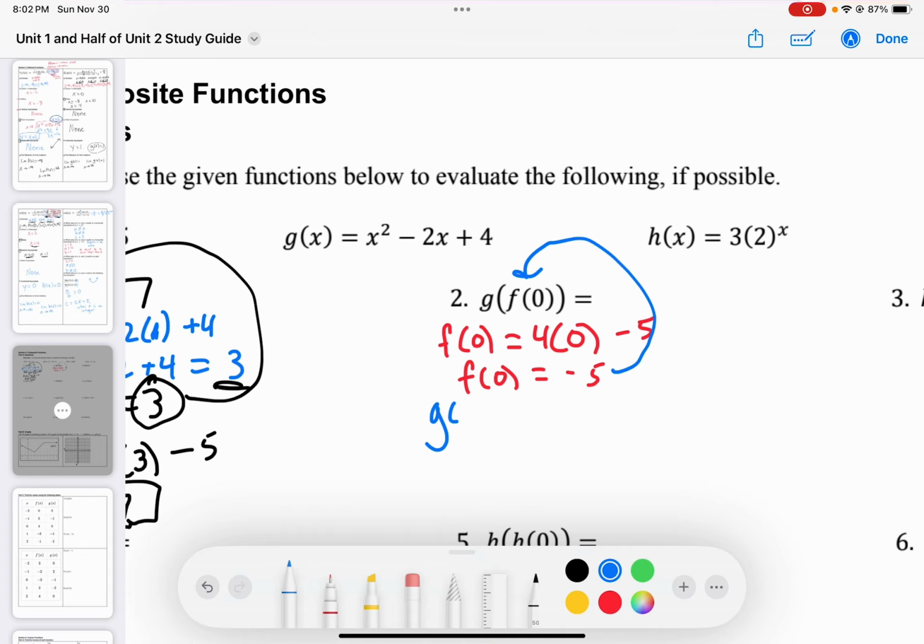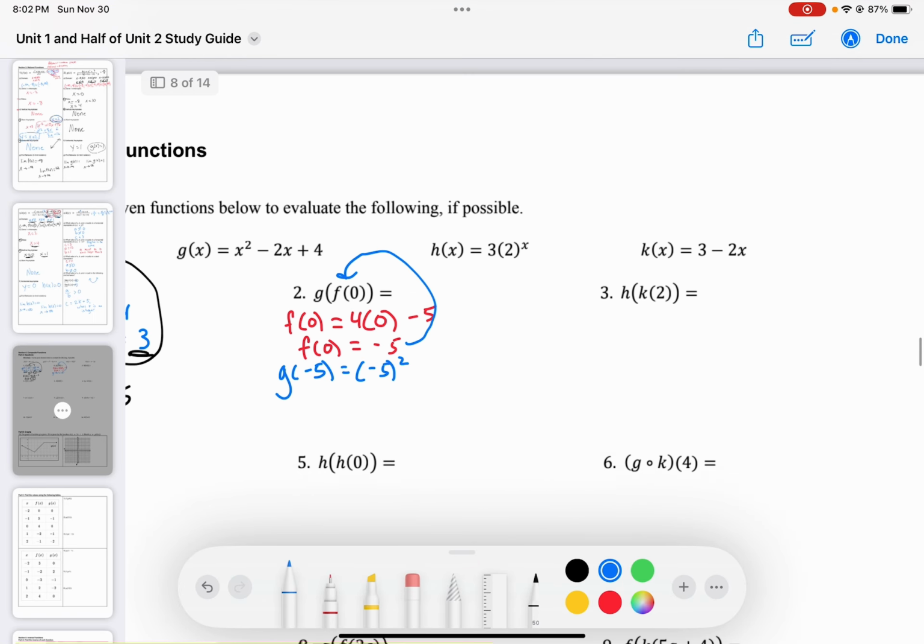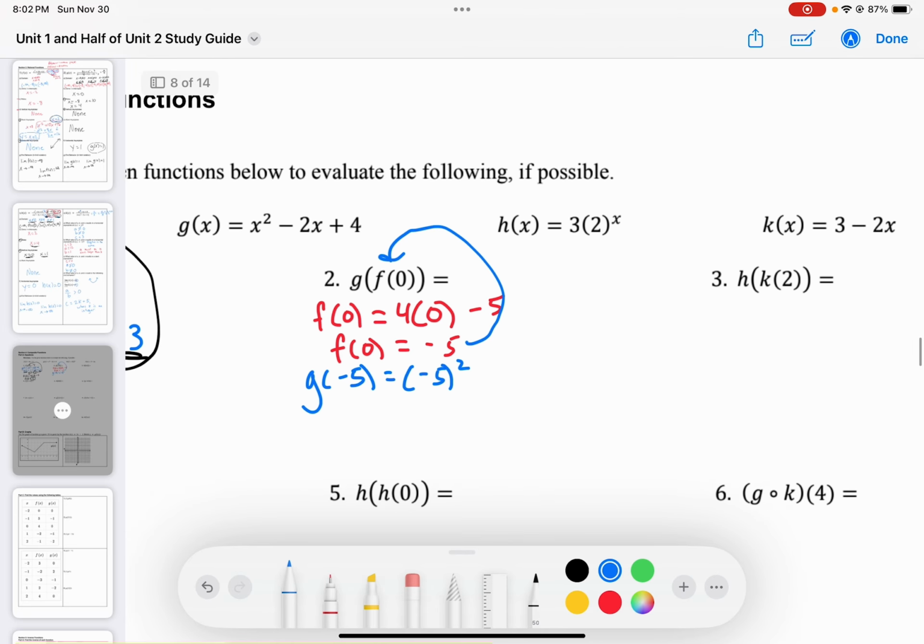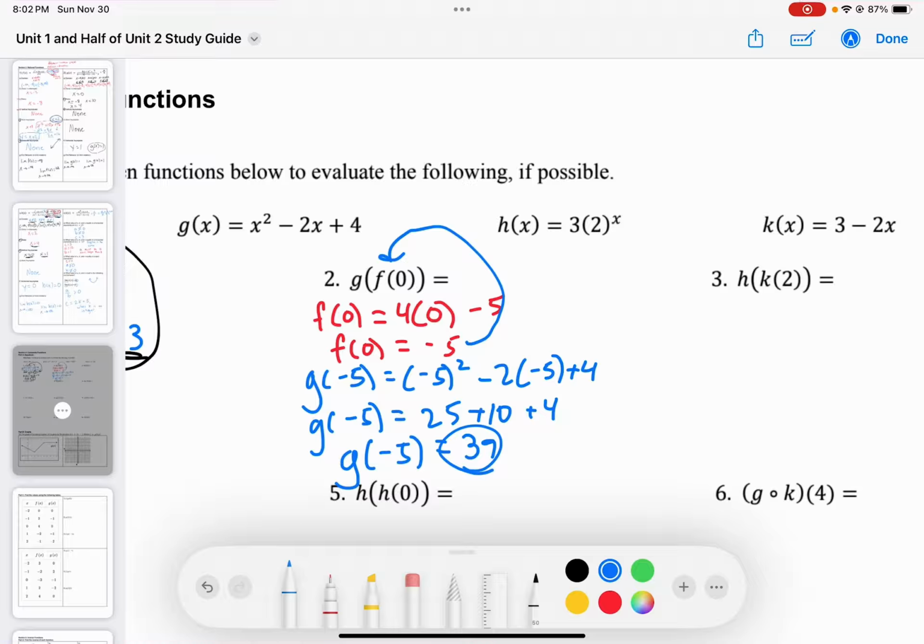So the g of negative 5 equals negative 5 squared minus 2 times negative 5 plus 4. So the g of negative 5 equals 25 plus 10 plus 4. The g of negative 5 equals 39.